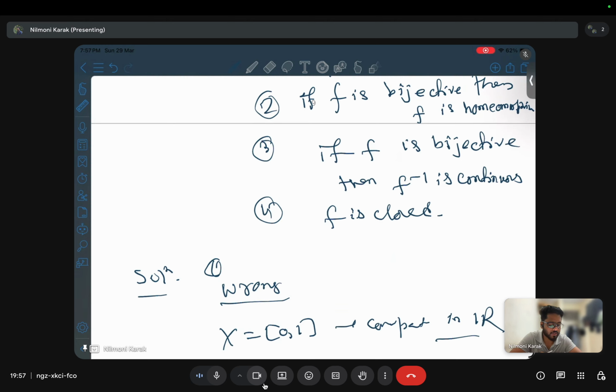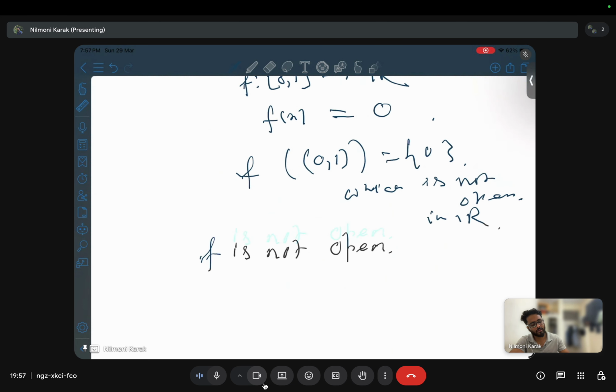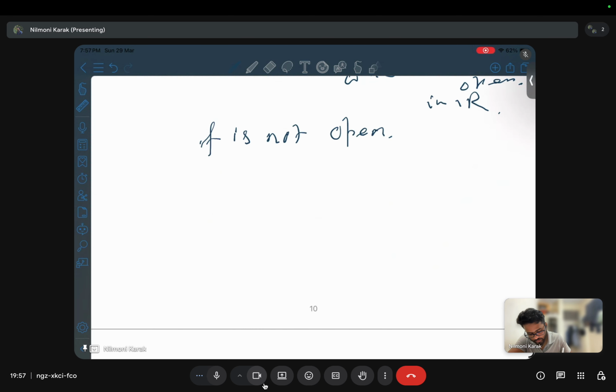So 2 and 3 are simultaneously correct or incorrect. And actually if f is closed, this is also correct. So let us see how it is correct.